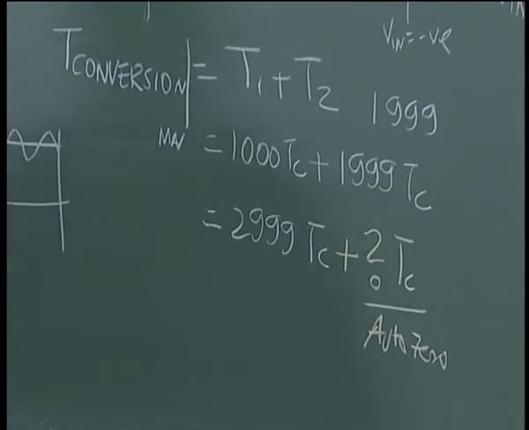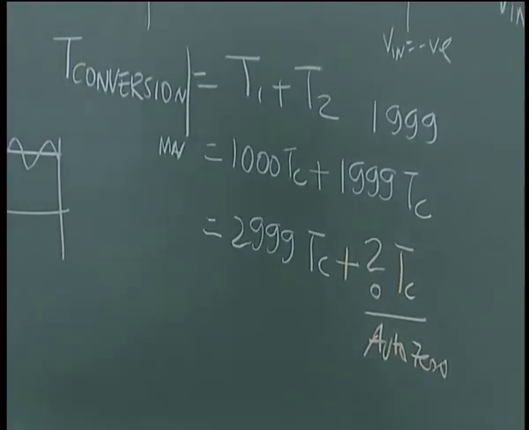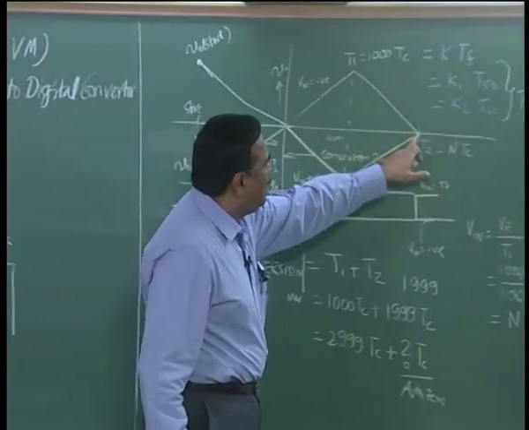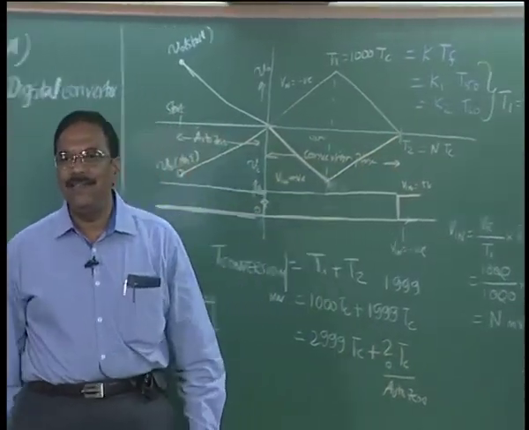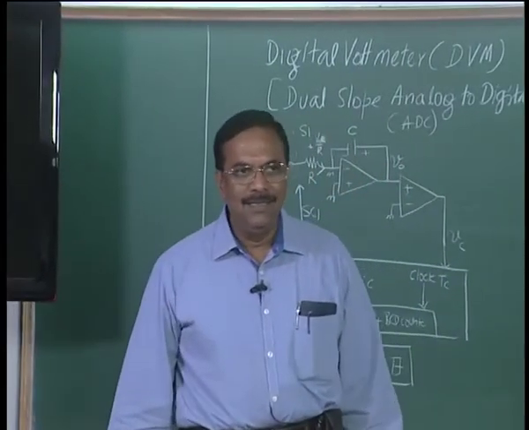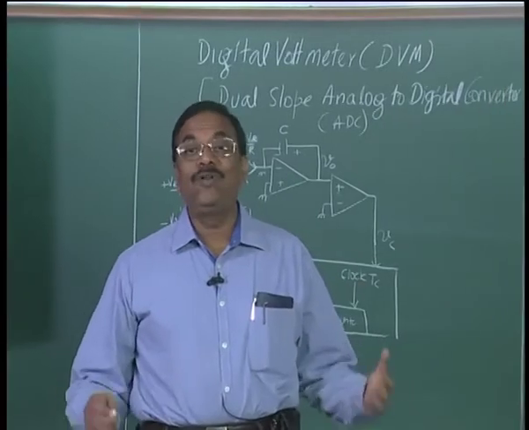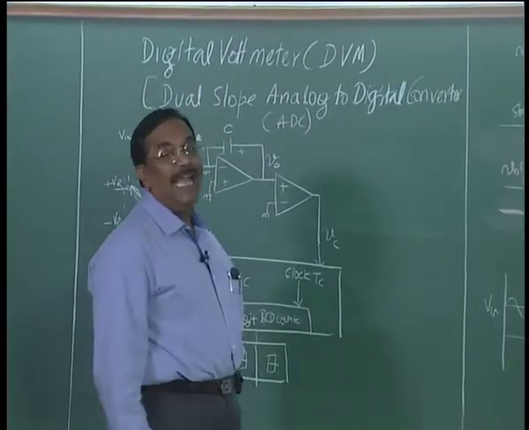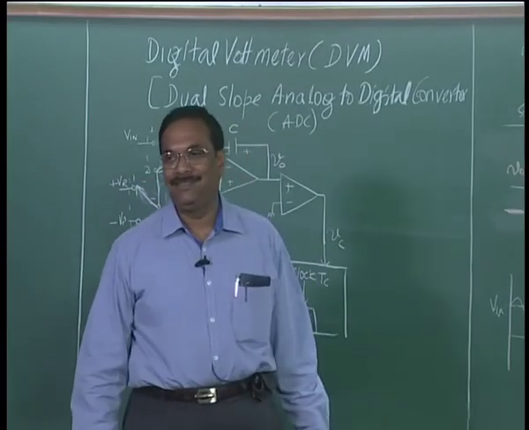But the moment I finish one conversion, what is the output voltage of the integrator? It is 0. At the end of conversion, the output of the integrator has to be 0, hence the capacitor voltage is 0, and I can start the next conversion.